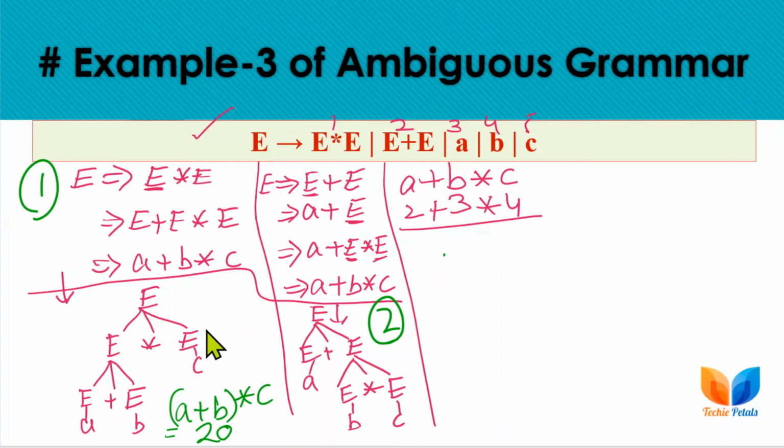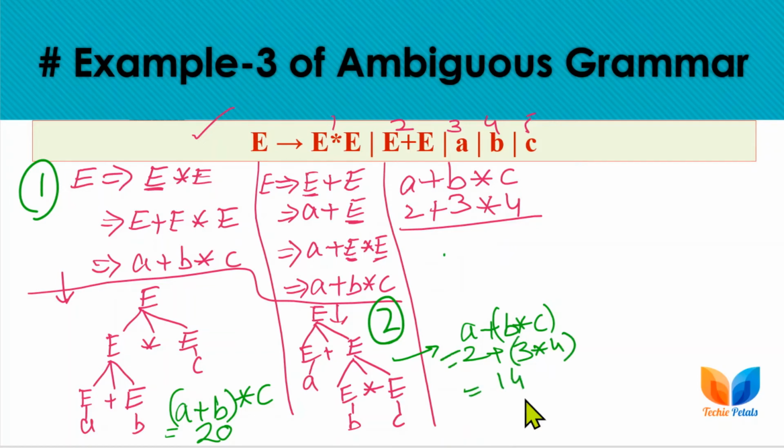And for the second option, we are having the multiply operation first and then addition. So for this second one we will have a plus b into c, and we get 2 plus, here we can put the brackets, 3 into 4, so the result is 14.